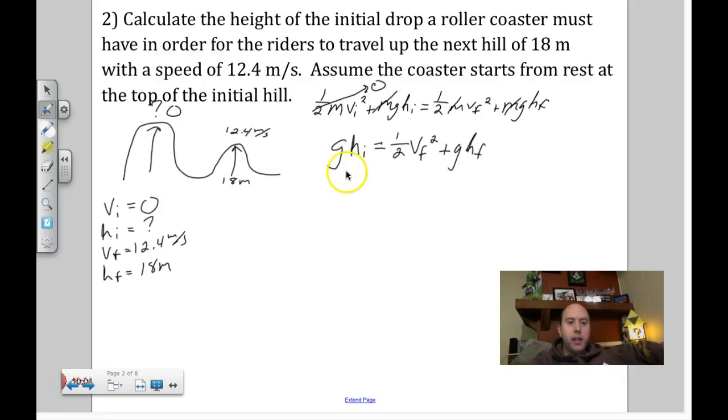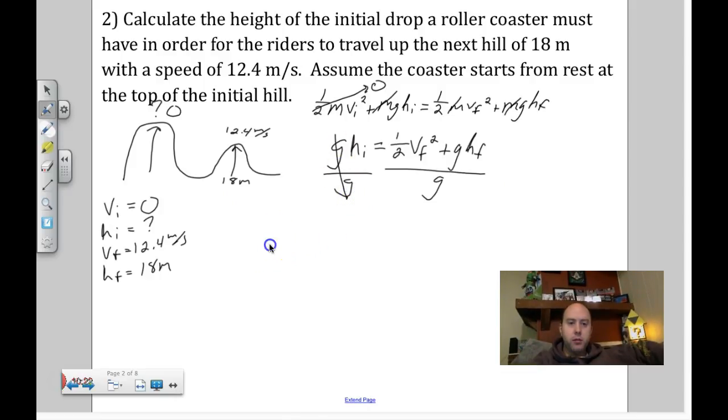My goal is to get the initial height by itself, so that's going to be easy manipulation. Divide everything by gravity. So I simply divide everything by gravity. Boom, boom. And I get the following.